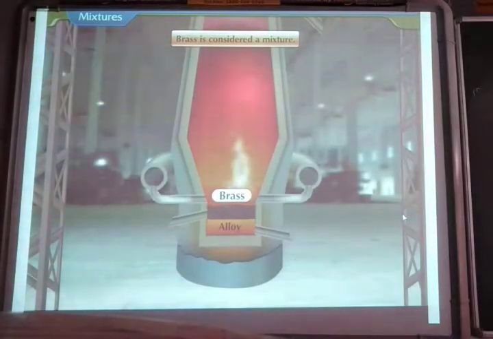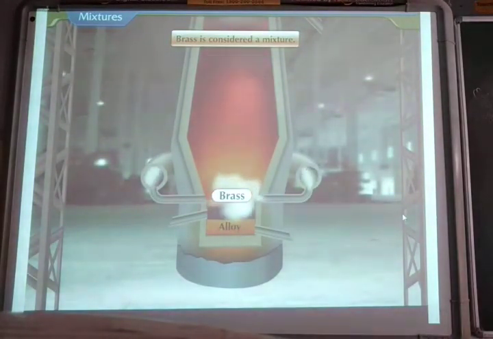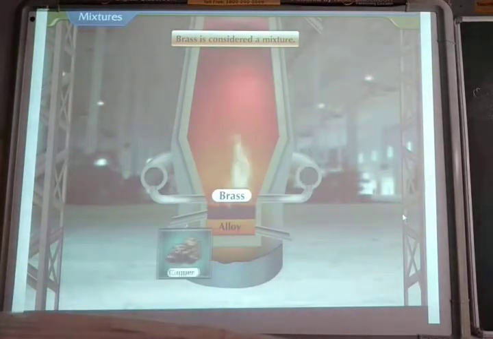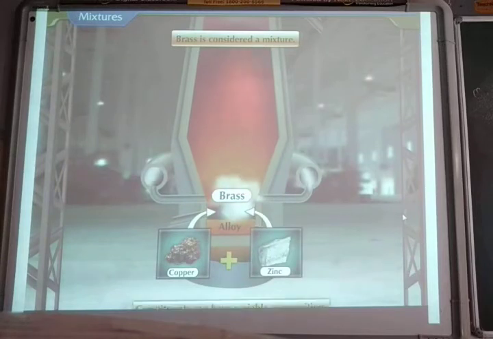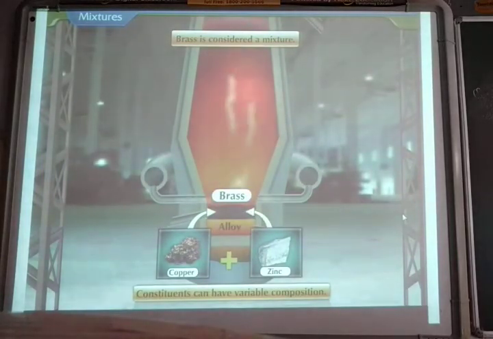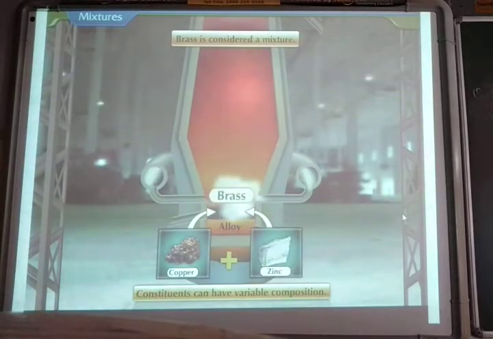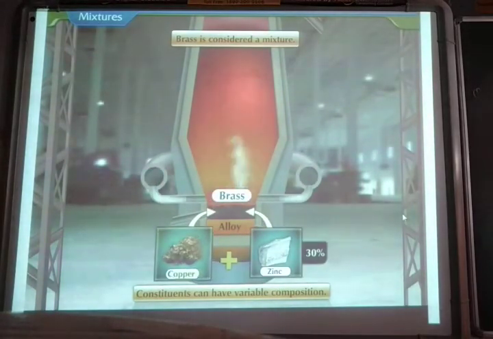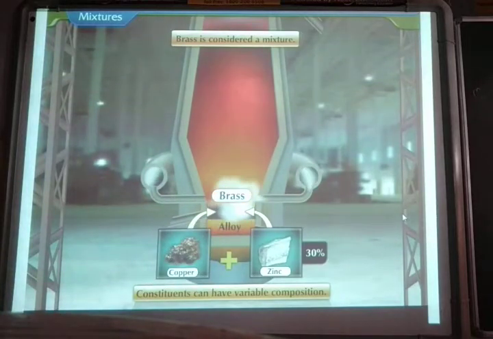Brass is considered a mixture because it shows the properties of its constituents, copper and zinc, and the constituents can have variable composition. The amount of zinc in brass is approximately 30% and that of copper is approximately 70%.